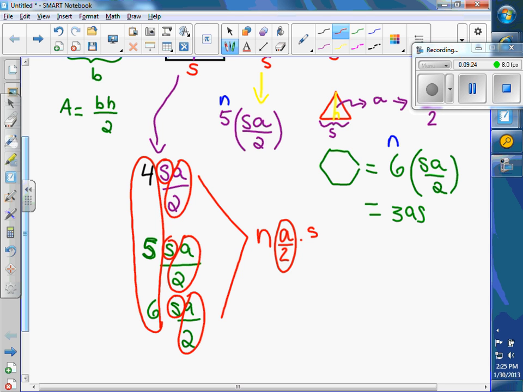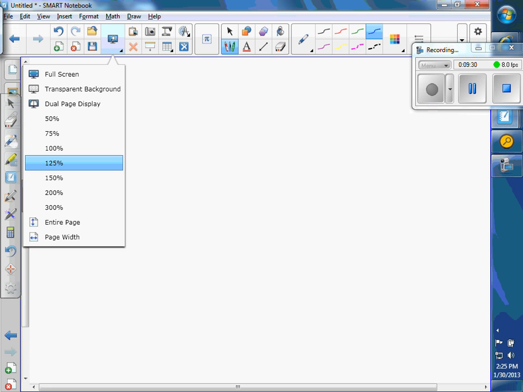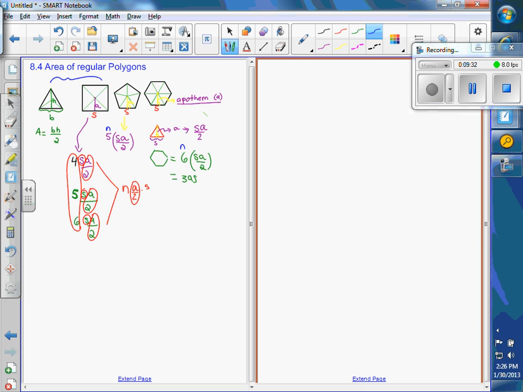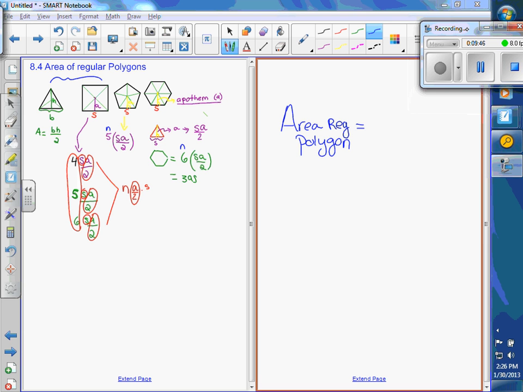So there are 2 formulas that you would get for regular polygon area. One is the area of a regular polygon is 1/2 the apothem times the perimeter.